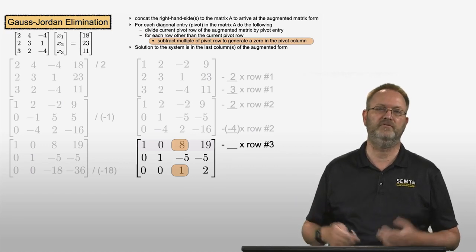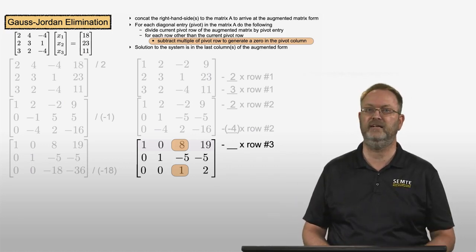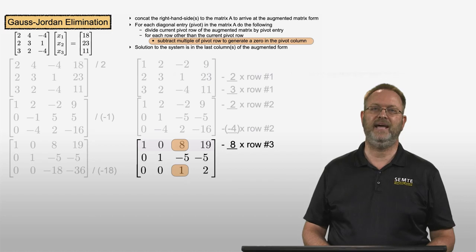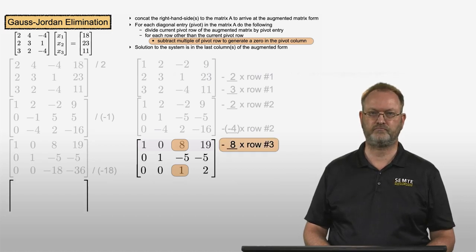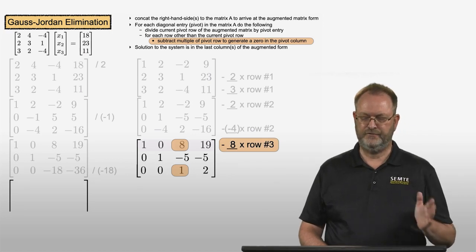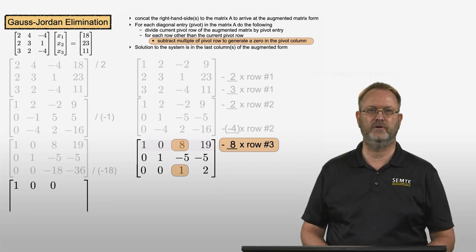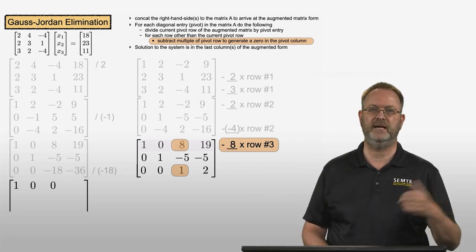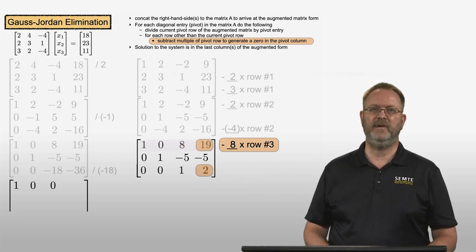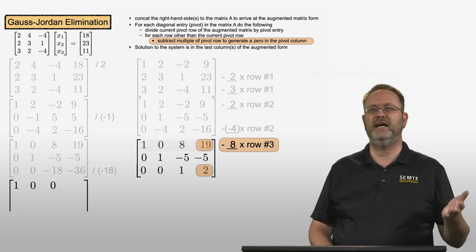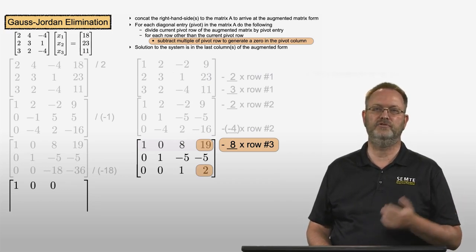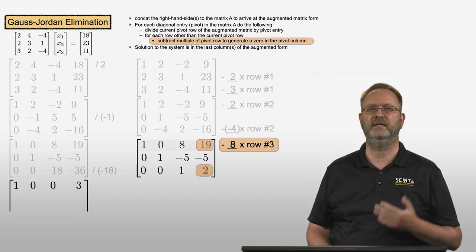And that multiplier we've seen already has to be that entry itself, so the multiplier is 8. Okay, so let's do these operations. So the first 2 columns are going to be 1, 0, and then I've generated the 0 here, right? 8 minus 8 times 1 is 0. And in my last column, I'm going to do the operation 19 minus 8 times 2, so 19 minus 16, that's equal to 3.